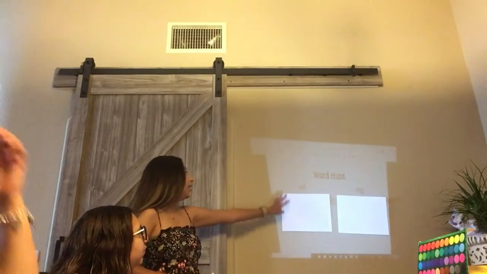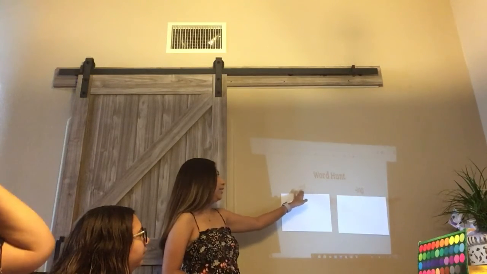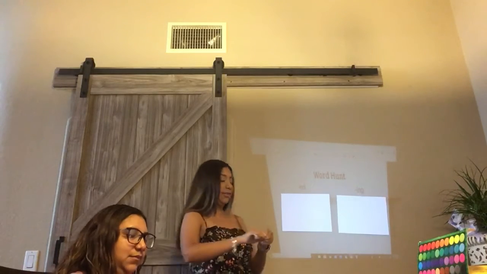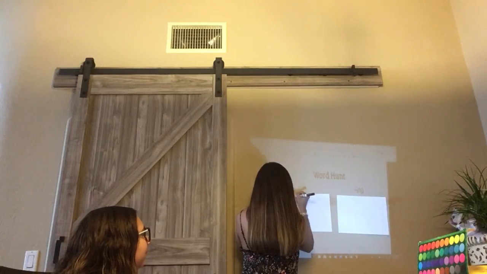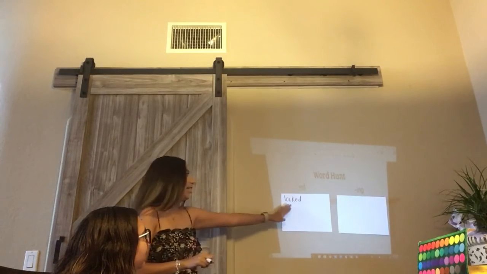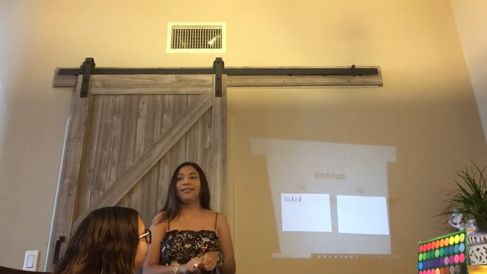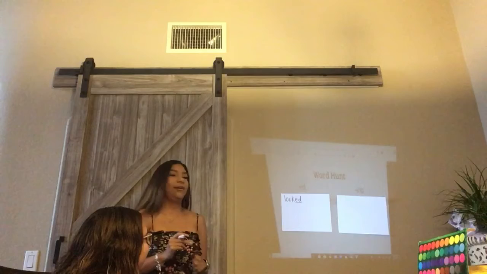Okay. So, can somebody give me a word that they found that had an ED at the end of the word? Clarissa. Locked. Locked. Perfect. So how do you know this has an ED ending? What do you see here at the end? ED. Perfect. So does that mean it happened in the past or it's happening right now?